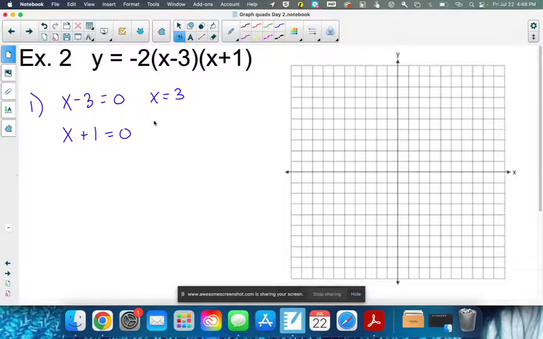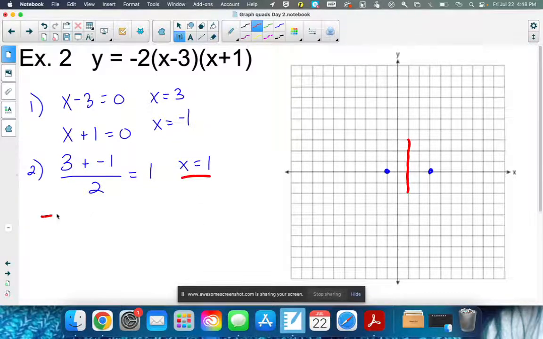And if I have to subtract 1 here, it should be negative 1. So negative 1 and positive 3. Again, find the halfway point between them, or add them together and divide by 2. Find the average, and that should be 1. So the x value of my vertex is 1, and that's halfway between them right here.